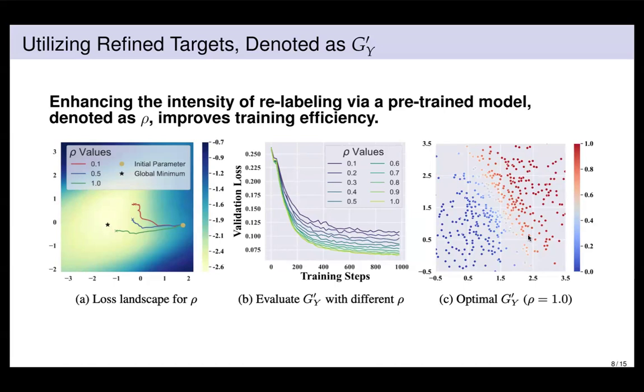So here the targets are not the hard ones. They come to be soft targets. So you can see here the colors change smoothly.